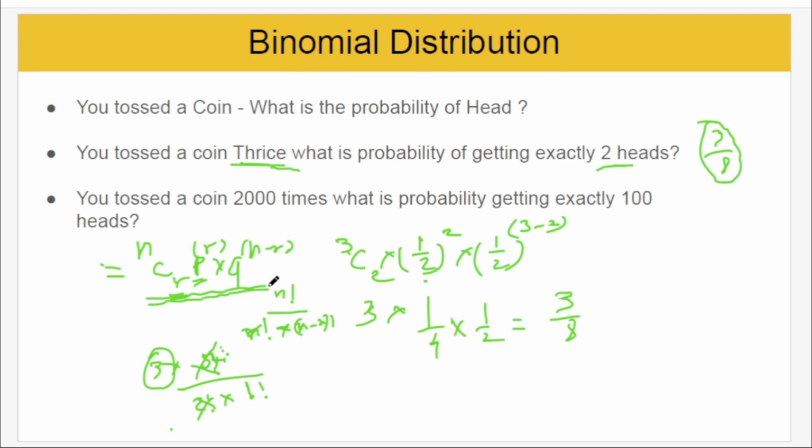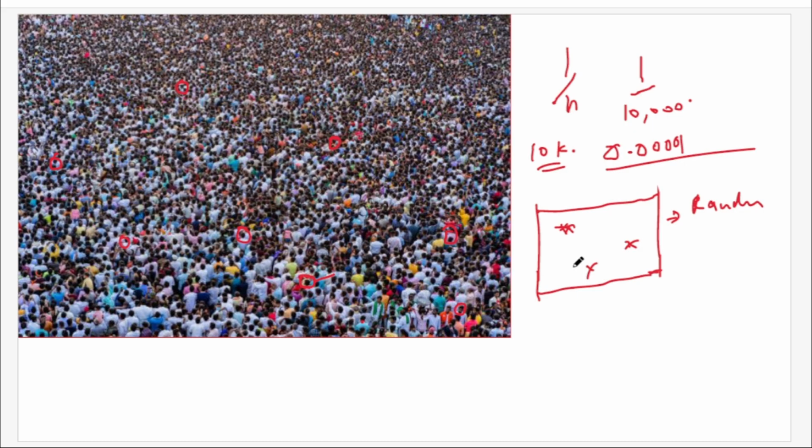Now you are coming to understand the use of a distribution. If we know the distribution, even though we don't know what will happen 2000 times, we are able to calculate it.